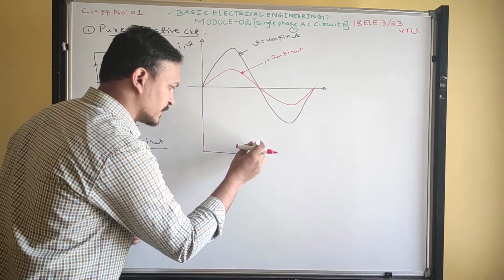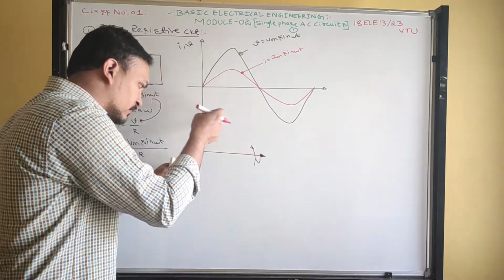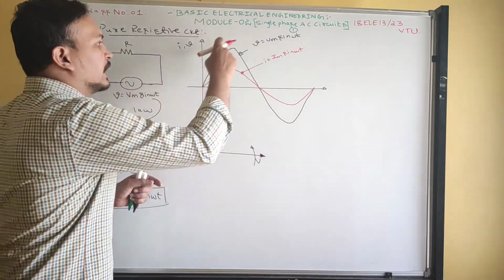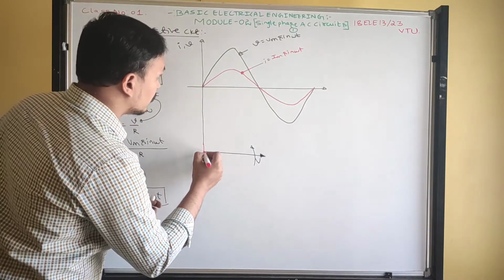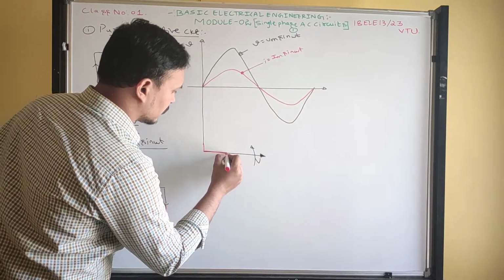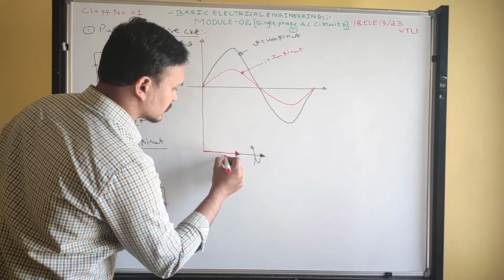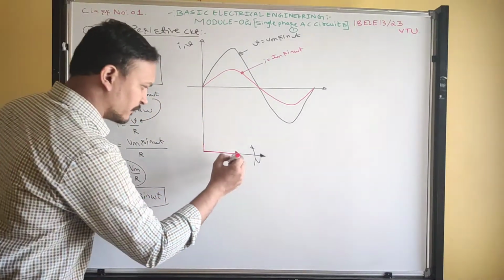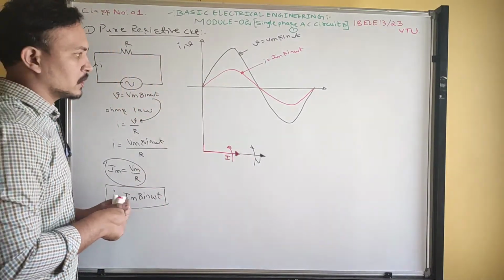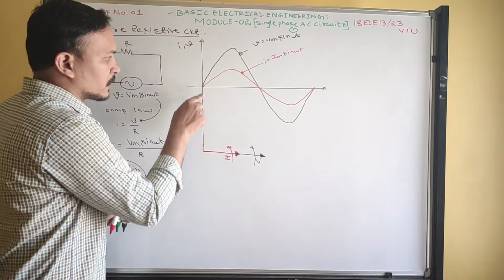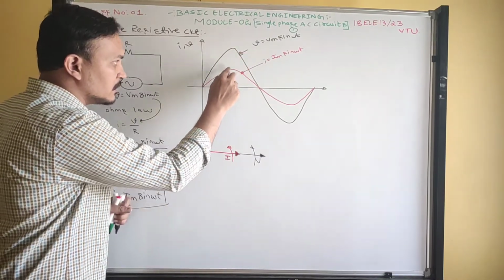We rotate this phasor in the anti-clockwise direction; one anti-clockwise rotation gives one alternating cycle. Similarly, the current flowing through the resistor is Im sin omega t, so this is the current phasor. The current phasor coincides with the voltage phasor because the minimum value and the maximum value are attained at the same instant.